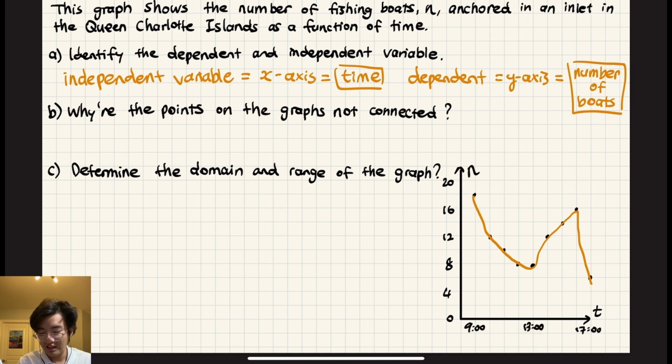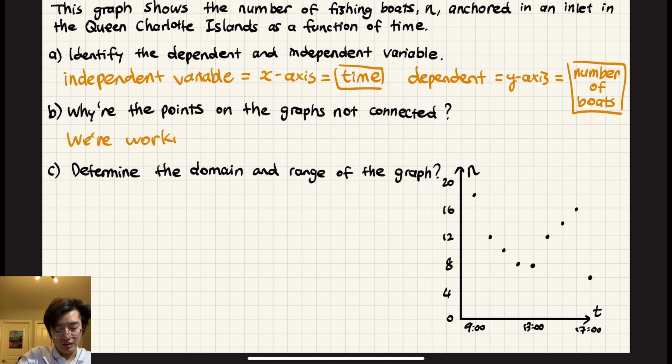But at 10:45 it would be along this line, so we should have 10 and a quarter of a boat. So in other words, we are working with whole numbers in this case, and we cannot have a fraction of a boat. This is why the dots are not connected. We are working with whole numbers.